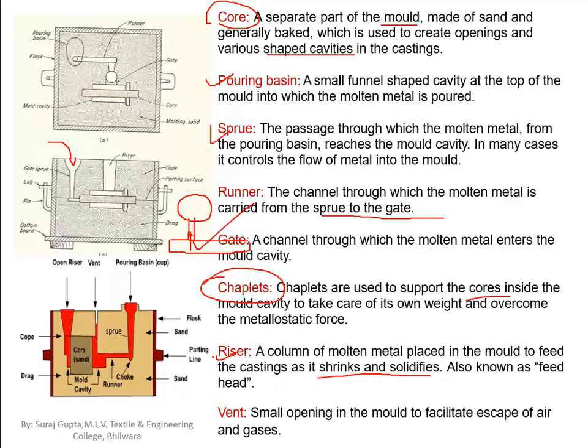The open riser is also used for ensuring that the liquid metal has completely filled the cavities. Seeing from the top through the open riser, if the level is up to there, we can ensure that the cavity has been filled completely.